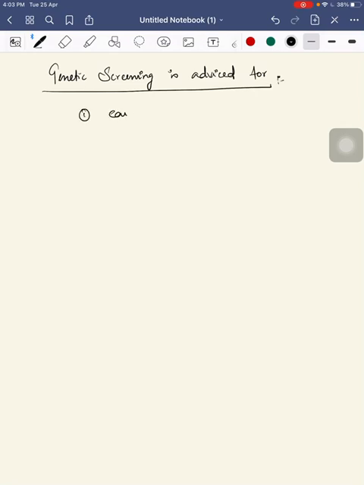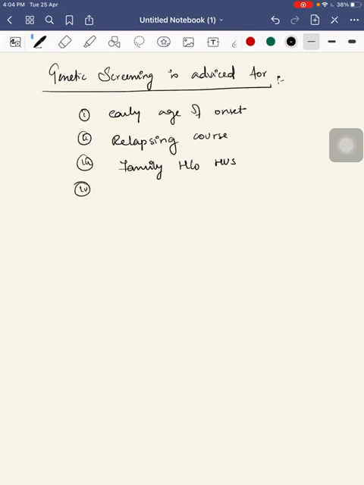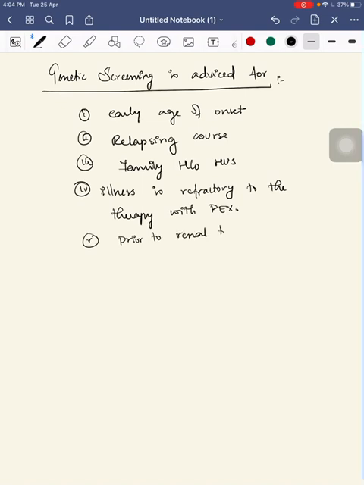The genetic screening is mainly advised when there is early age of onset of HUS, when the child has a relapsing course, when there is a family history of HUS, when the illness is refractory to therapy with plasma exchange, or prior to renal transplantation.